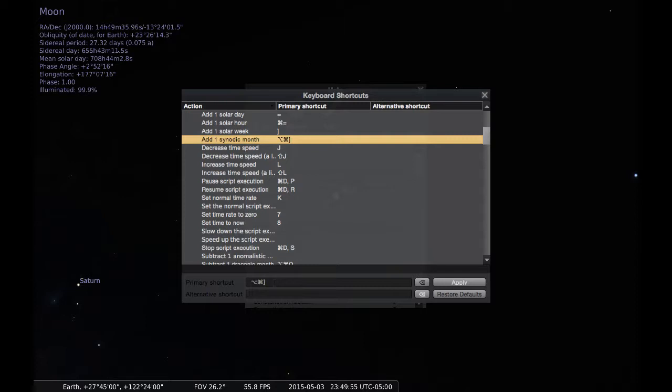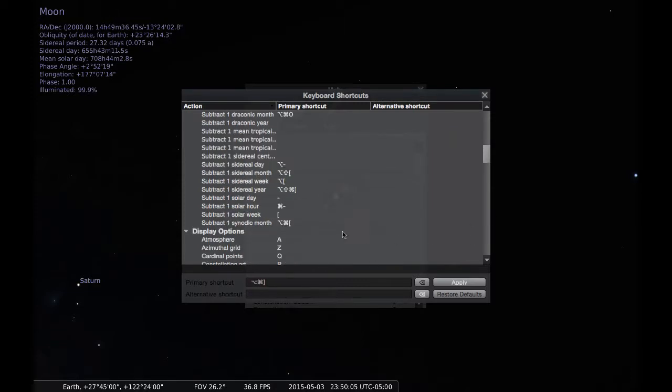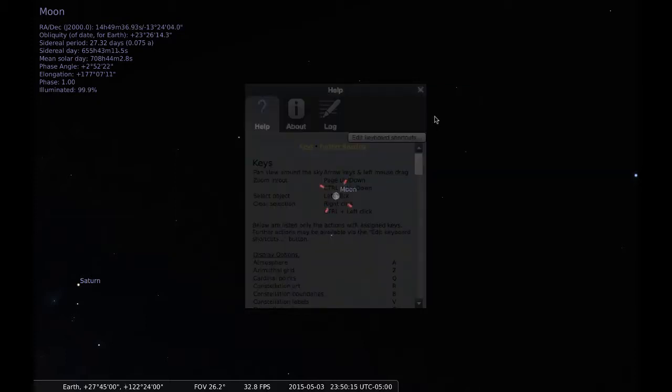This is not set by default, but I added this keystroke on my Mac. That's Option, Command, right square bracket to jump ahead one synodic month, and Option, Command, left square bracket to jump back one synodic month. So that's just going to make my eclipse hunting a little bit easier.